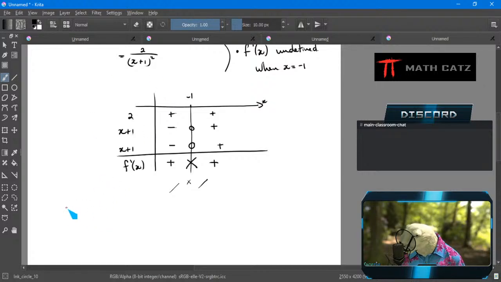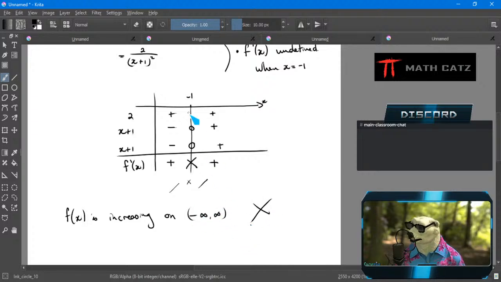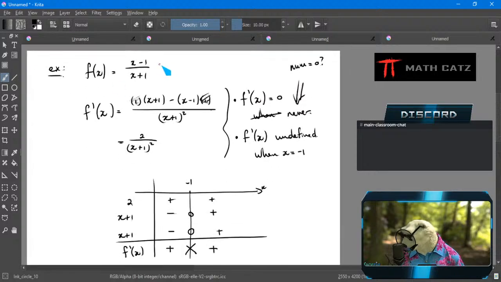But before we do that, let's just write down our sentences. My function is increasing on. Now I can't say everywhere. That is not right. Why? Because when I look at my function, which is what the statement is saying something about, this guy is undefined at x equal to -1.